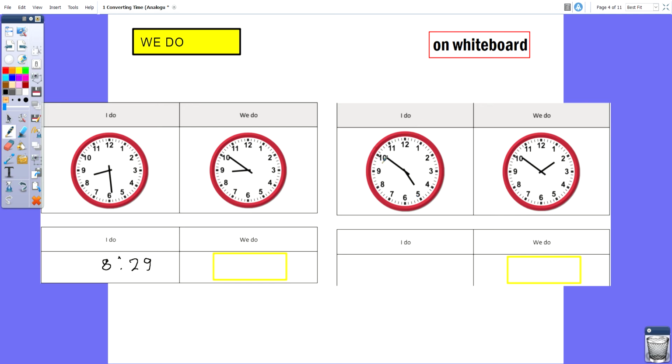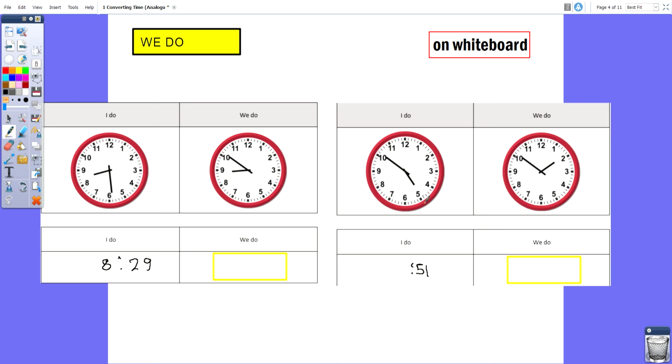Okay, so for this one here, we're going to do minutes again. And say as a trick, these go up in 5, so we have 5, 10, 15, 20, 25, 30, 35, 40, 45, 50, and then 1 extra one, so we have 51 as the minutes for this one here. And then the hour is the last number it went past on the big ones, so it goes up to 4.